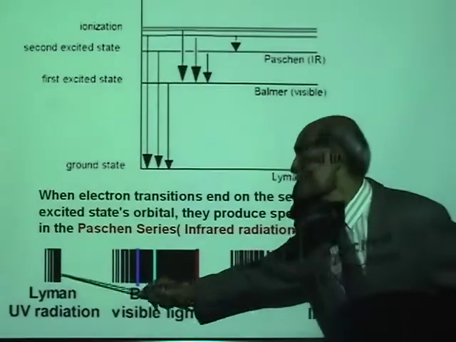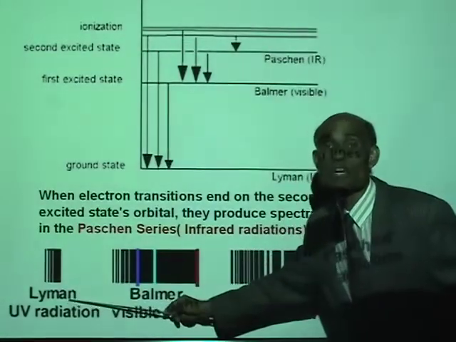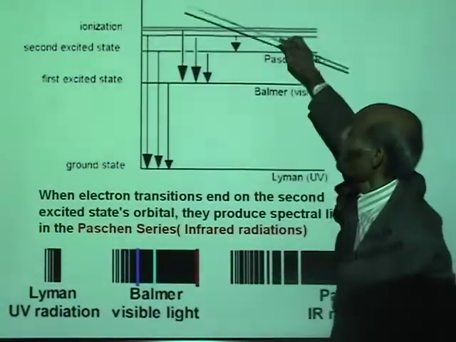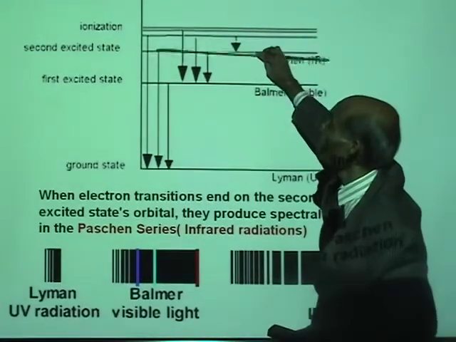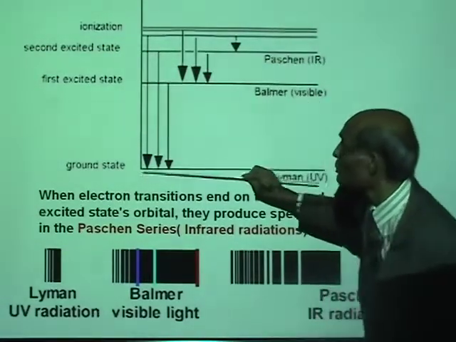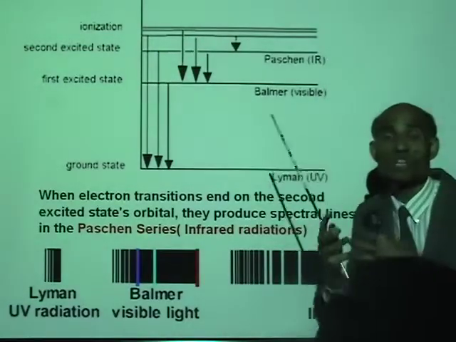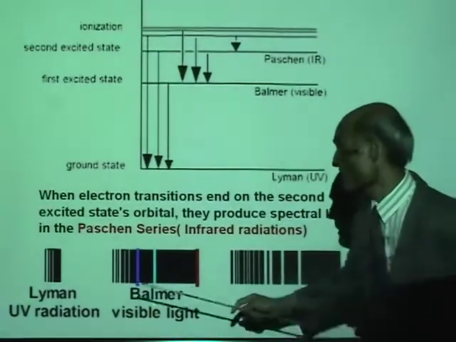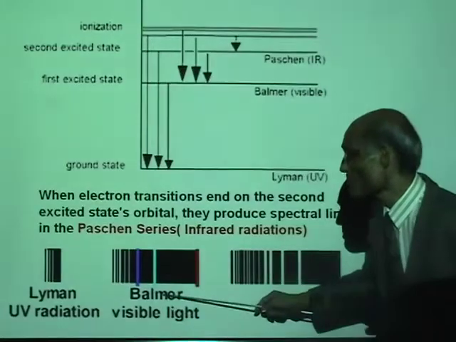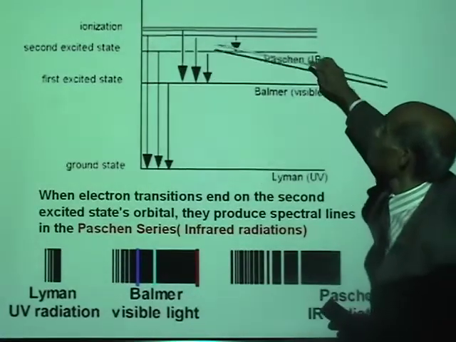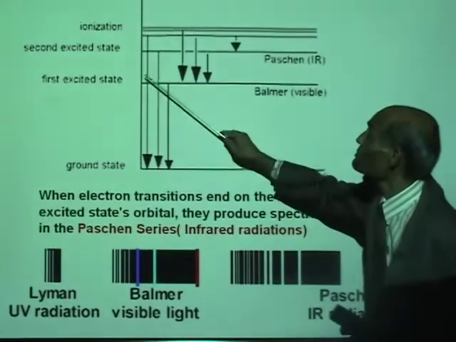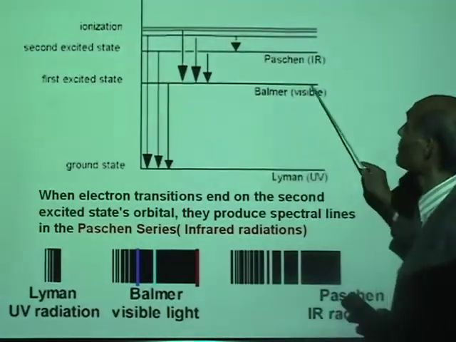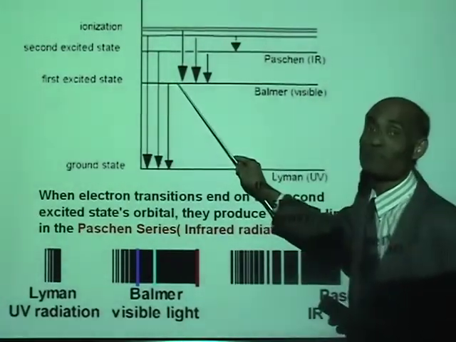There I have all those three series. The Lyman series, the very high energy radiations, are given out by electrons jumping from outer excited orbits to the ground state. The energy given off is very high. Visible light, called Bohr series, is produced by electrons jumping from outer orbits to n equal to 2, the first excited state.